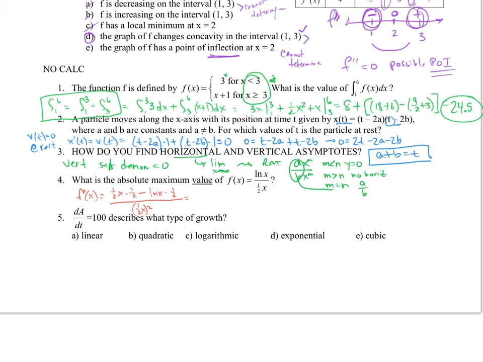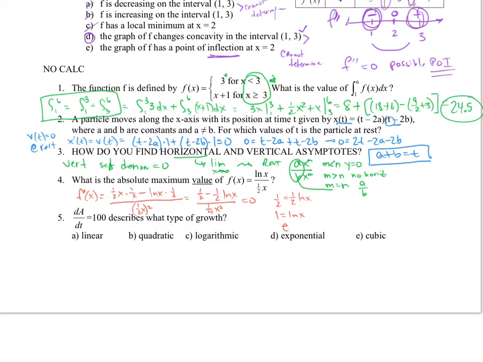Cleaning this up a little bit, I'll get 1/2 minus 1/2 ln x all over 1/4 x squared. Setting this equal to 0, basically I need to know where 1/2 equals 1/2 ln x. In other words, where 1 is what ln x is, and this would be where e to the x, in this case, is what I'm solving for.